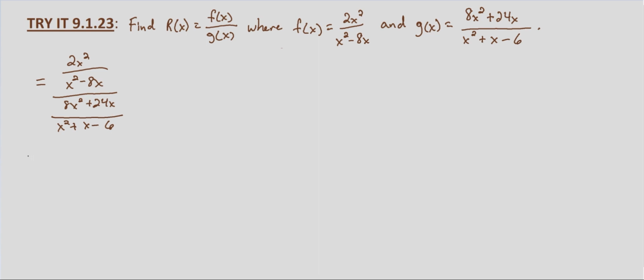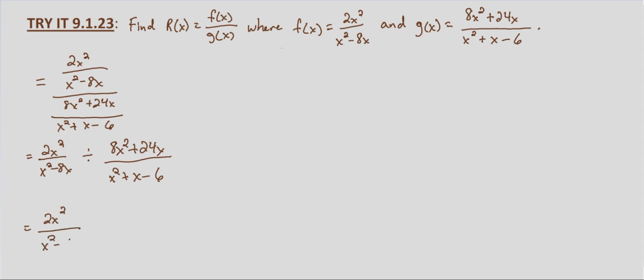So we just rewrite this as a division problem, and that ends up giving us 2x squared over x squared minus 8x divided by 8x squared plus 24x over x squared plus x minus 6. And then that in turn is the same as multiplying by the reciprocal, so 2x squared over x squared minus 8x times, and then we just flip the other one, x squared plus x minus 6 over 8x squared plus 24x.